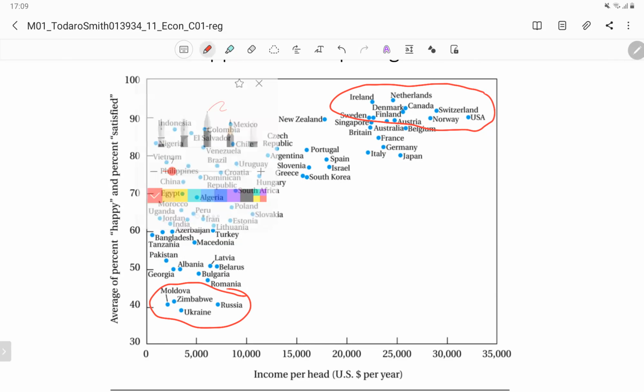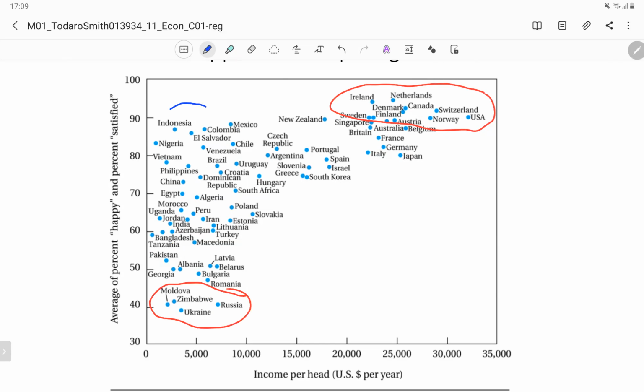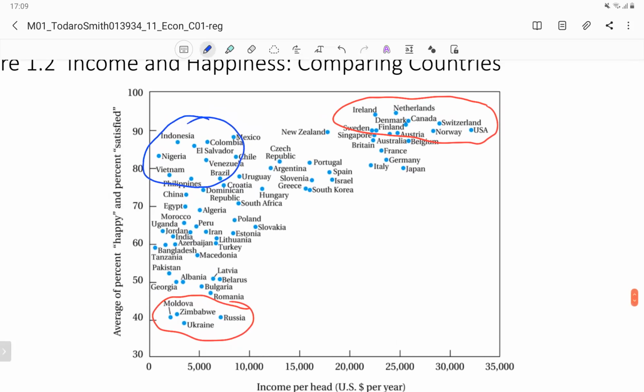But what's interesting is in some countries, like in Indonesia, Nigeria, Vietnam, and Brazil here, and Mexico, the happiness is pretty high, even though the income is pretty low. So that's something strange. Why is the happiness high, but the income is low? You can find out yourself if you are curious about it.